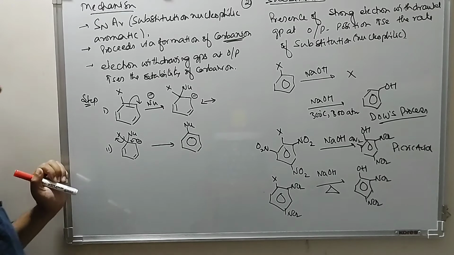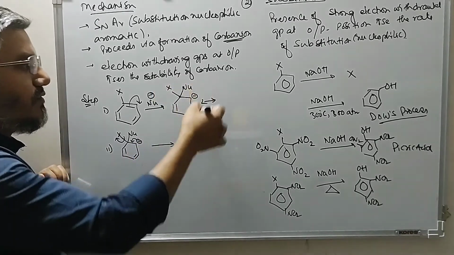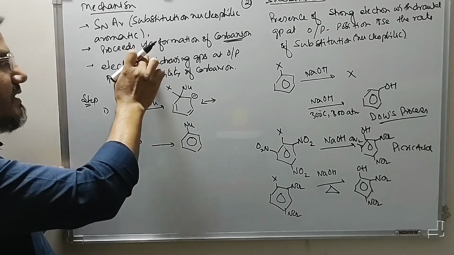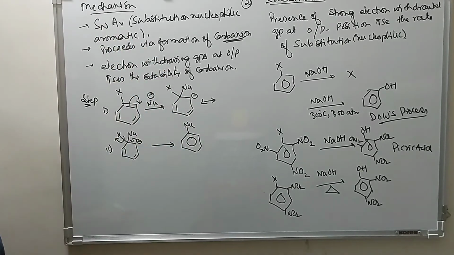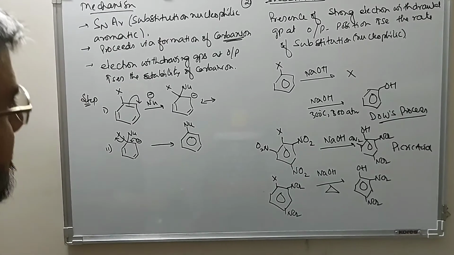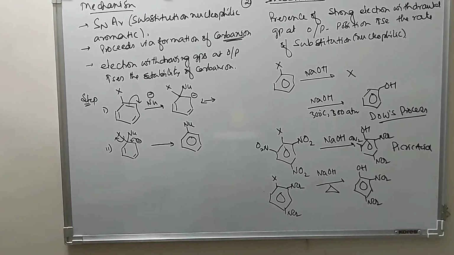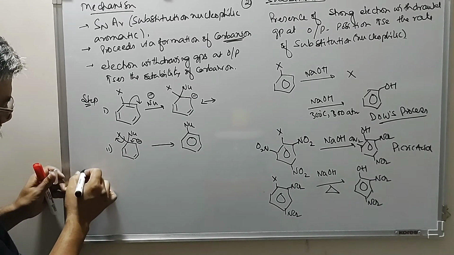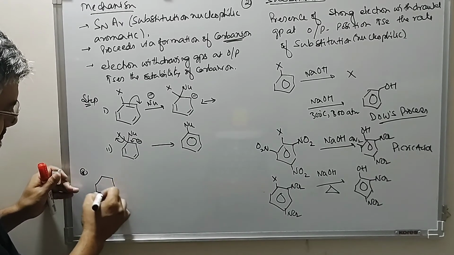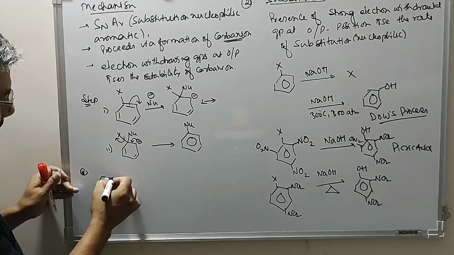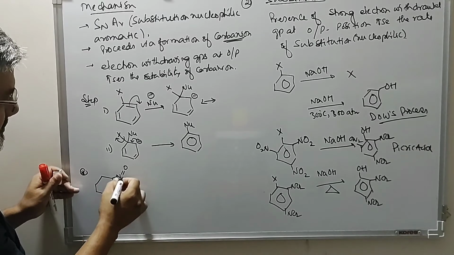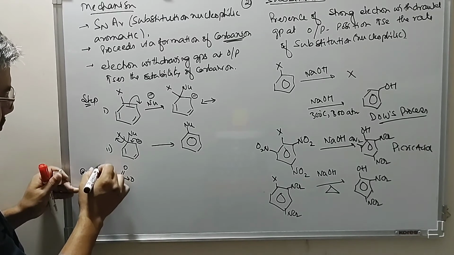So all this depends on the stabilization of this carbanion. This carbanion is stabilized by these electron withdrawing groups at ortho and para position. So I'll just show you how this is being stabilized by electron withdrawing groups. Take this. So we have, look at this, nitro group at this ortho position.